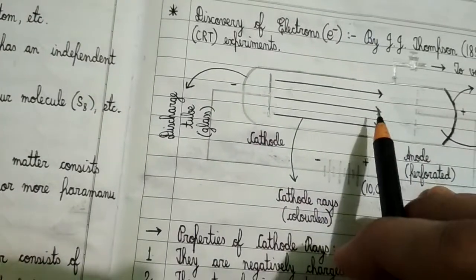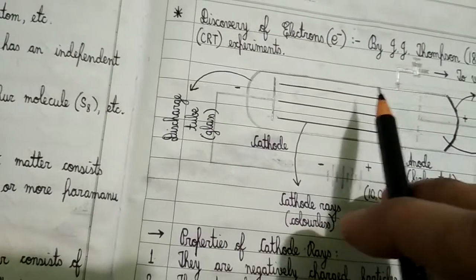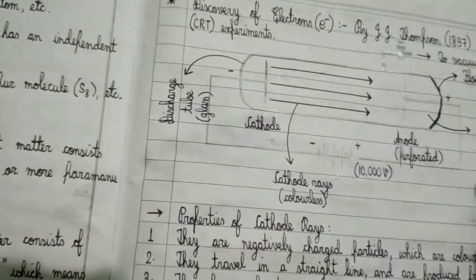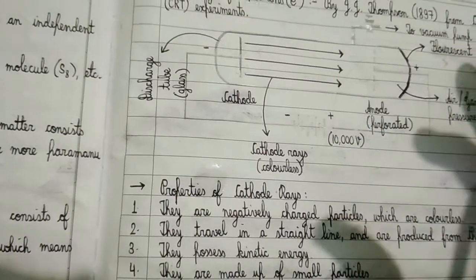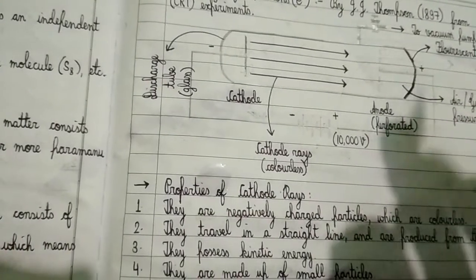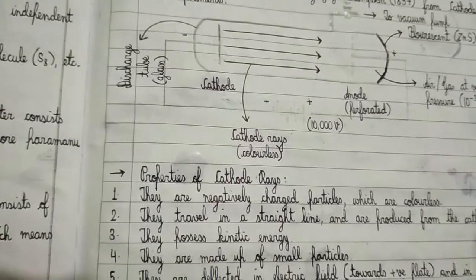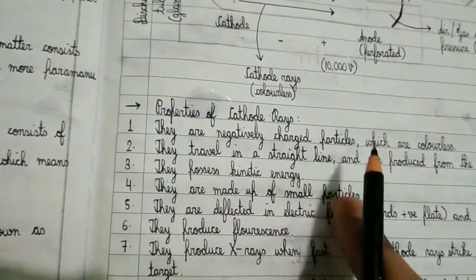Next point is that they possess kinetic energy. How do we know that? Small paddle wheels were placed in their path, and it was seen that the paddles start moving and the wheel starts rotating. So they have kinetic energy. Now one technical thing is that since they contain kinetic energy, this proves that they are made up of small particles.